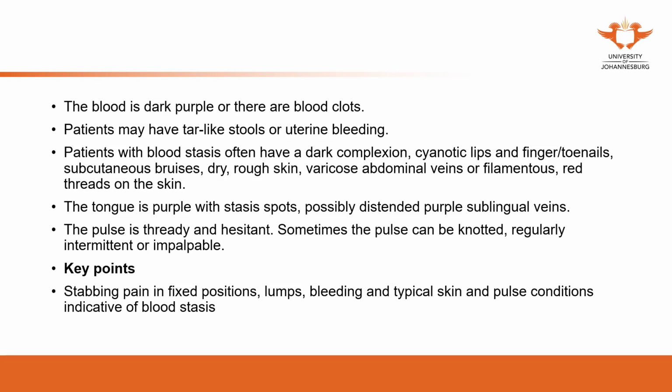In blood stasis, you can simplify it to blood out of the vessels. Our blood is supposed to stay in the vessels. If the blood comes out of the vessels, then this kind of blood we call stagnant blood. So blood stasis doesn't have to be the kind we can see, such as a bruise under the skin.